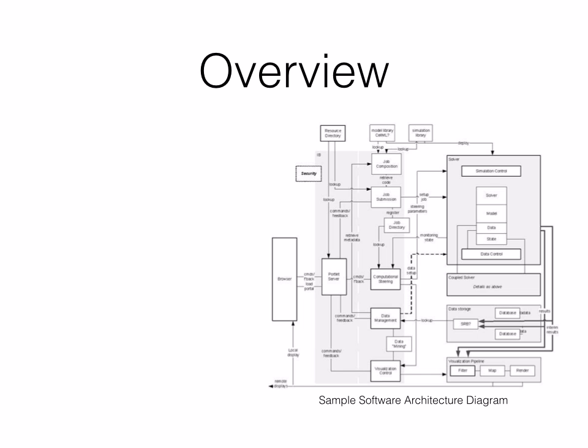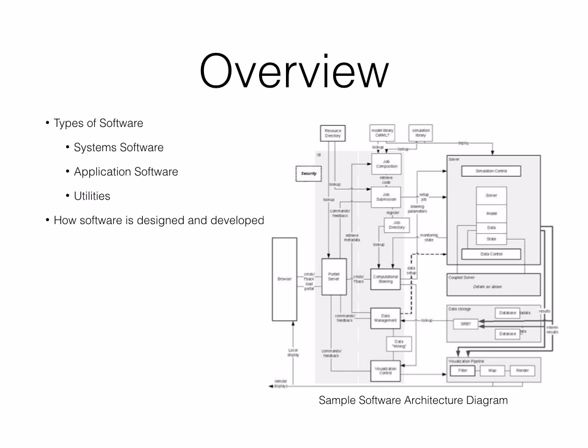So, in this slide, let's talk about the overview. We're going to talk about different types of software, with respect to system software, application software, utilities, and how software is designed and developed will be another topic that we talk about.